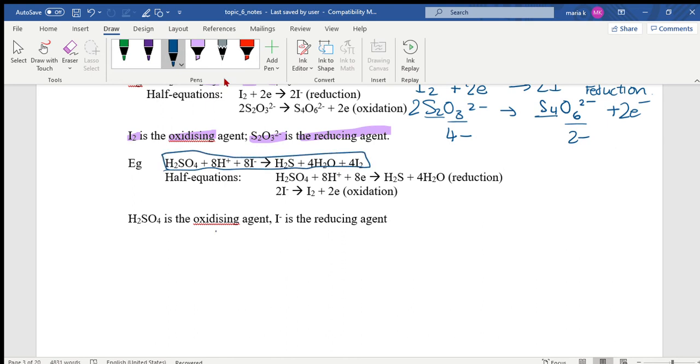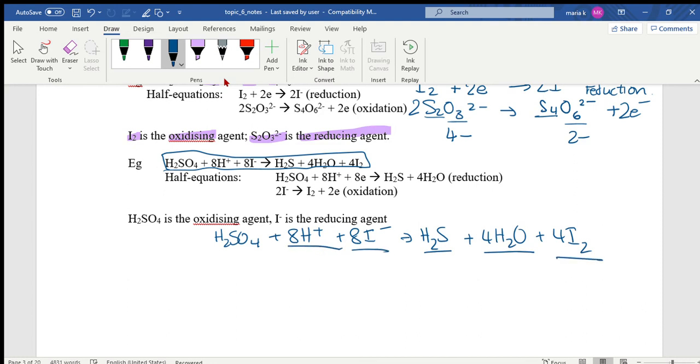So, sulfuric acid plus 8 H plus ions plus 8 iodide ions gives H2S, hydrogen sulfide, plus H2O plus 4 I2. Now obviously here these are all neutral, however we do have lots and lots of charges here.